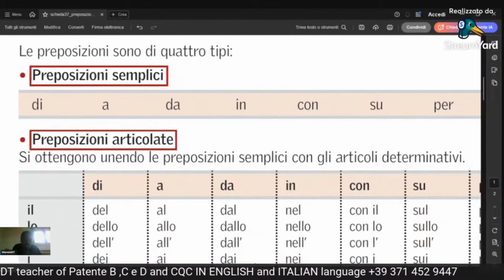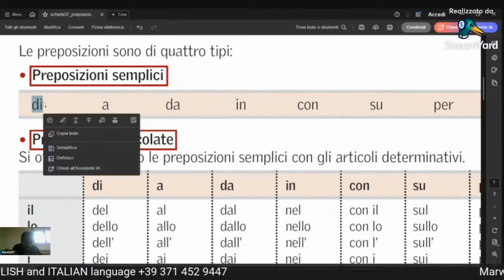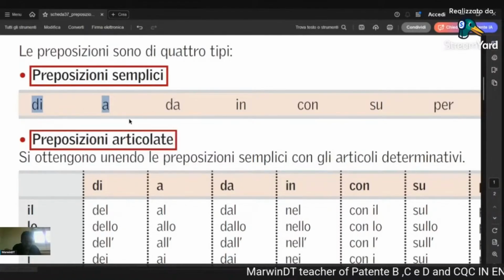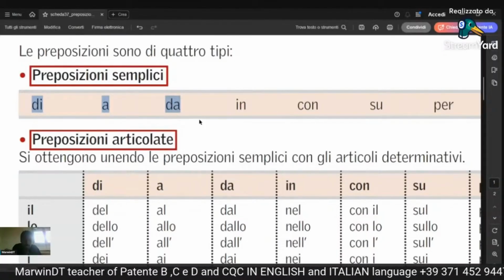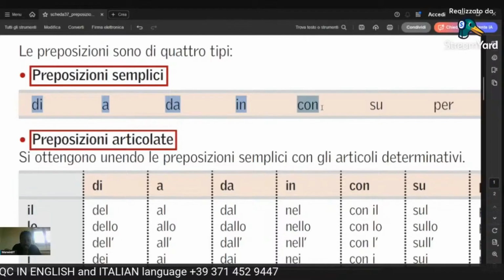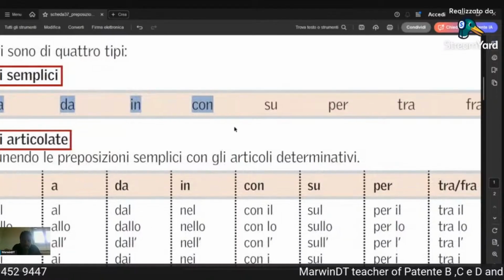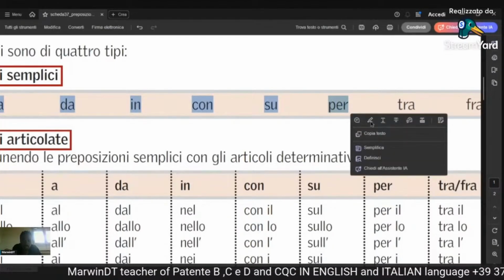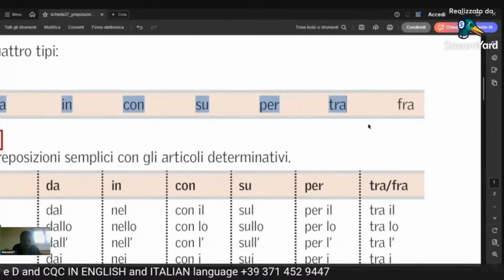The prepositions are di, a, da, in, con, su, per, tra, fra. Remember they are in front of a word.